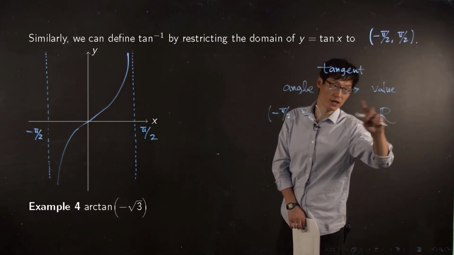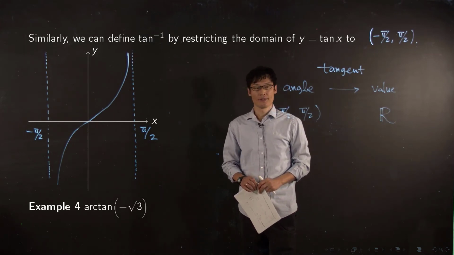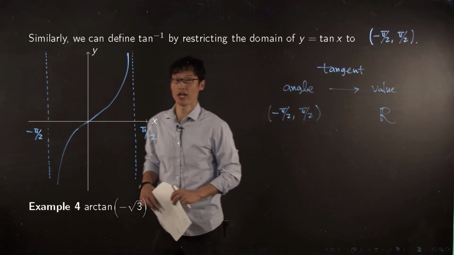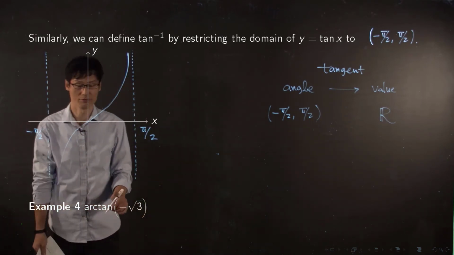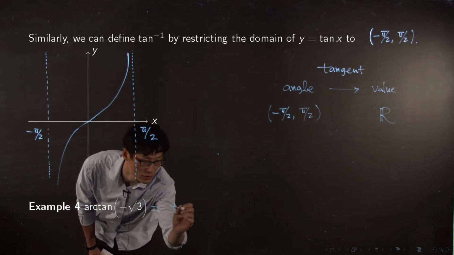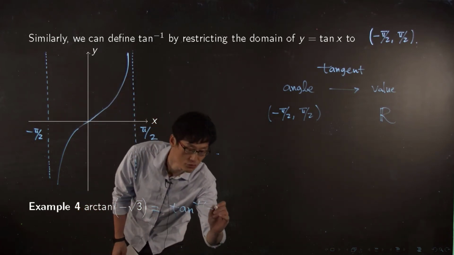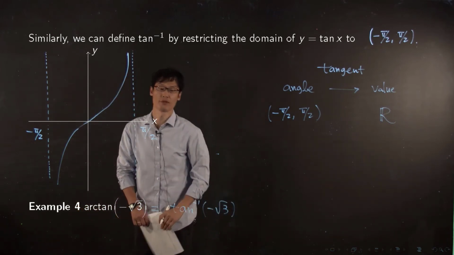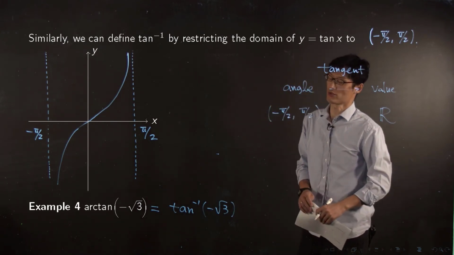Remember, this fancy R stands for the set of all real numbers. And for this example, arctangent of -√3. By the way, arctangent is the same as the inverse of tangent. So this is the inverse of tangent of -√3. Yep. Similarly, arcsine is the inverse of sine, arccosine is the inverse of cosine, and so on.